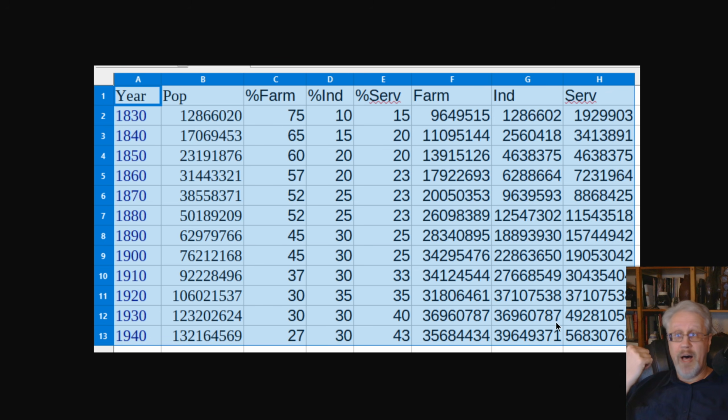Number two, populations proportionally are going to decline for agriculture, rise and maintain for industrial, and slowly rise all the way through for service industries. And to do that, we've got to simulate it just by squeezing existing factories so that more get made.